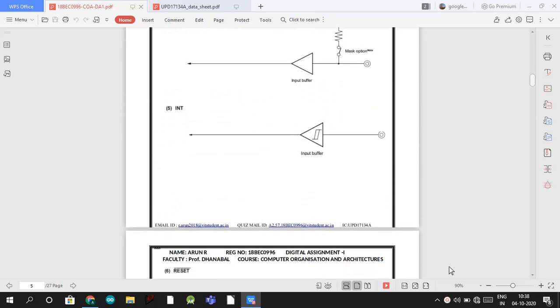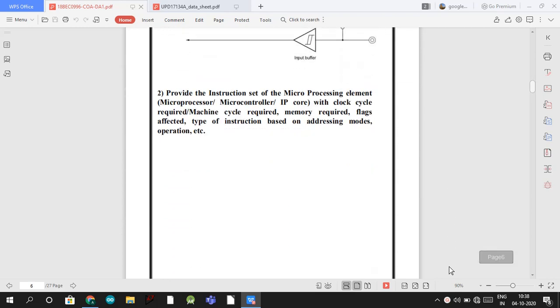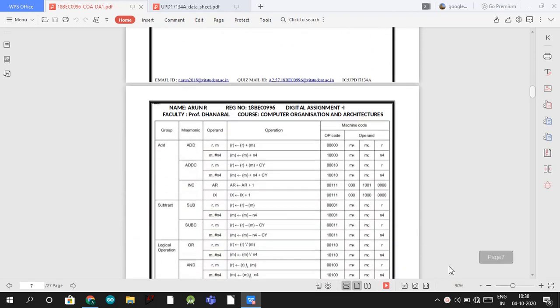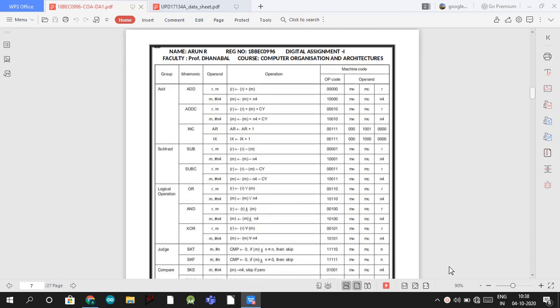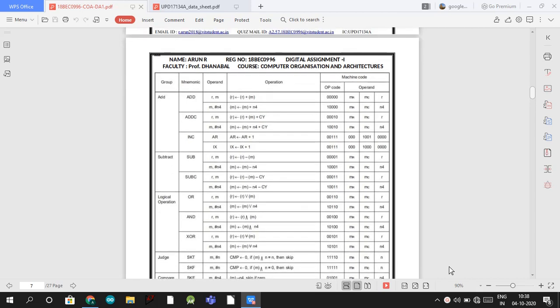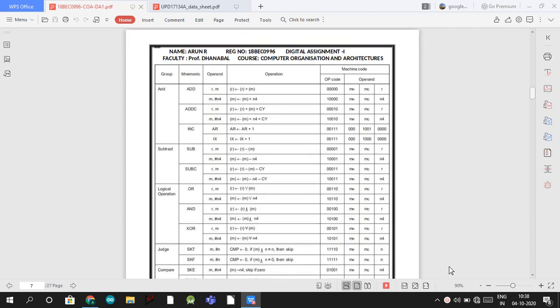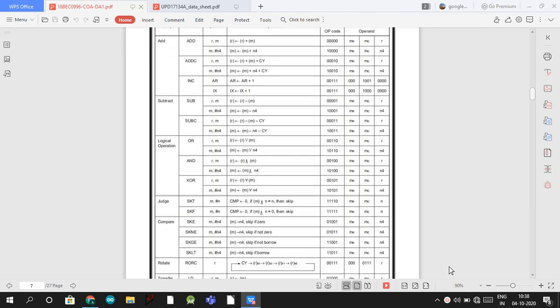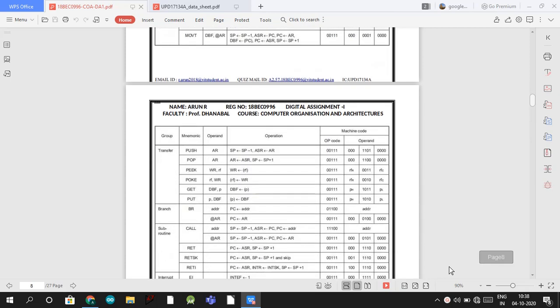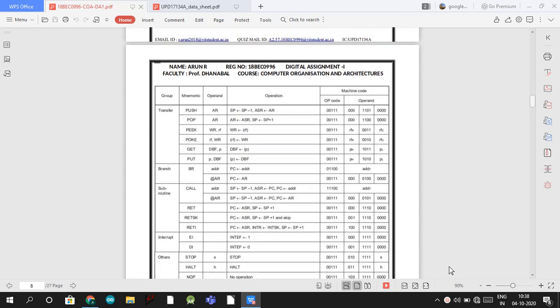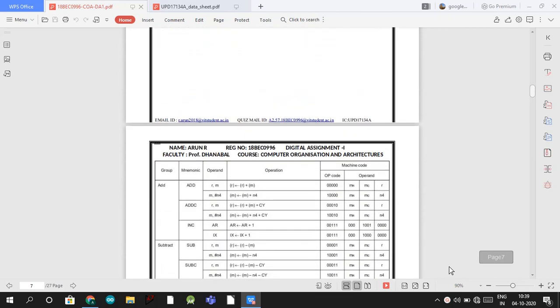Let's see the instruction set of the UPD17134A. The UPD17134 microcontroller has a large number of operations in its instruction set, for example add and subtract operations, logical operations, judgment operations, compare, rotate operations, transfer operations, branch and subroutine operations, and interrupts.